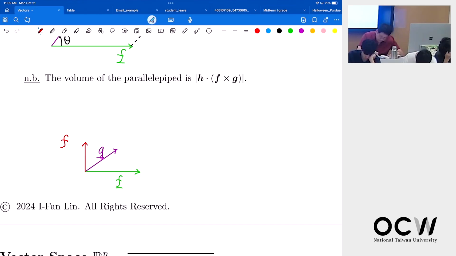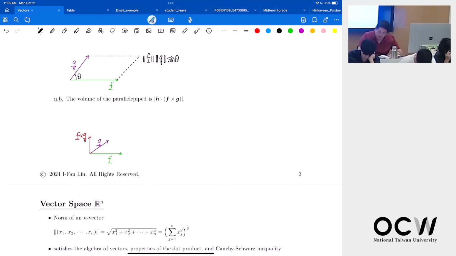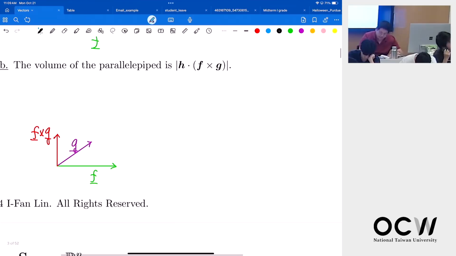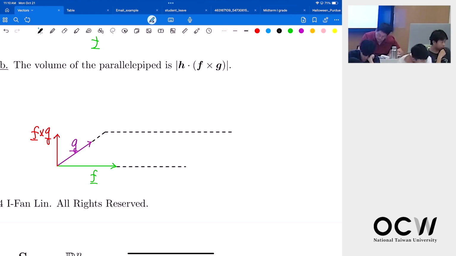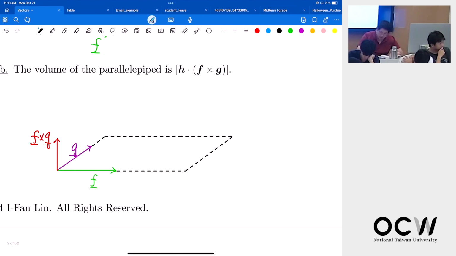Suppose this is f cross g. And f and g, f cross g, then I have an area. So suppose I have h. This is a vector h.